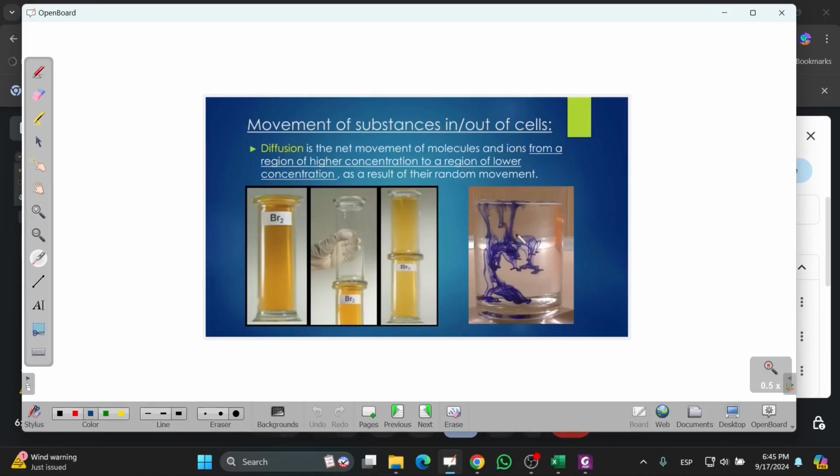You put a drop in the water, and then the particles will be moving from a higher concentration into a lower concentration, and the particles will be scattering. Eventually, the whole water will turn blue. Well, that is a particular case of diffusion. That is an example of diffusion.